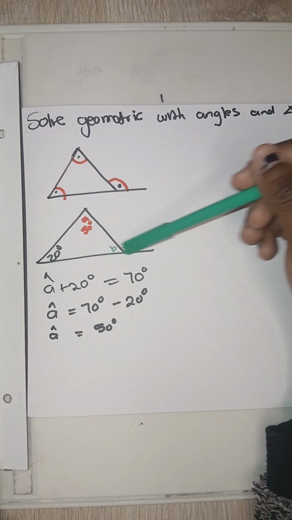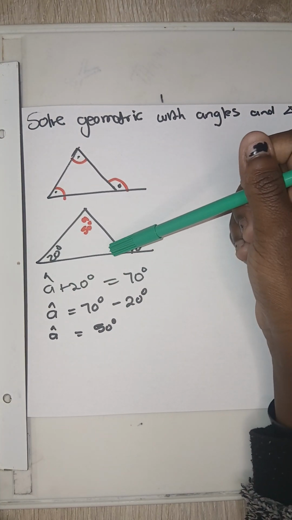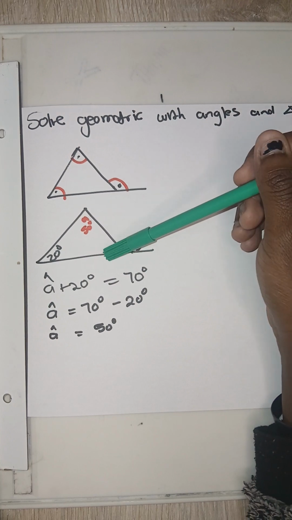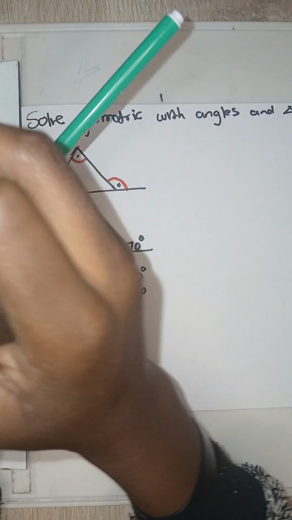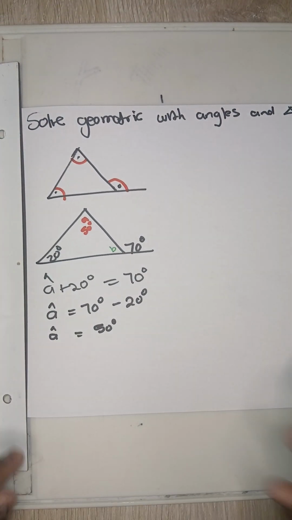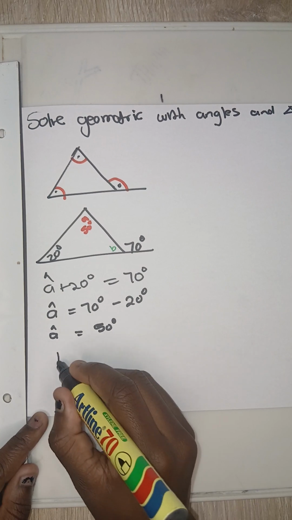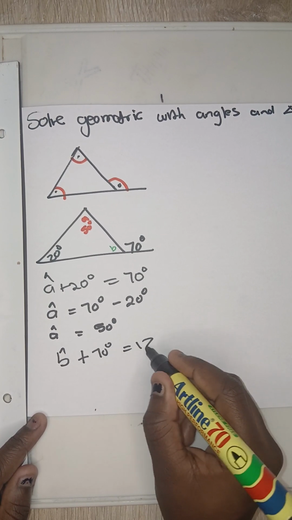The sum of angles on a straight line is 180 also. So in order to find B, you can choose either. Let me first use the straight line. B plus 70 is equal to 180.